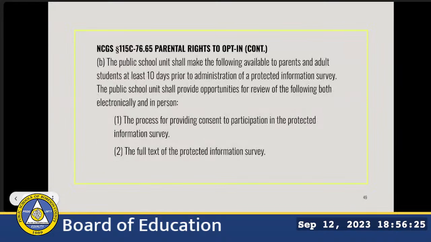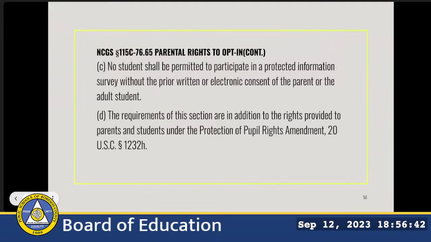And it says that the school system has to make available to parents and adult students at least 10 days prior to the administration of a protected information survey and give them opportunities to review the survey and the full text of that protected information survey. And no student is permitted to participate in one of these surveys prior to getting an opt-in from the parent.